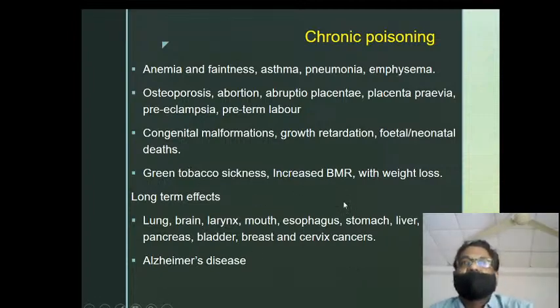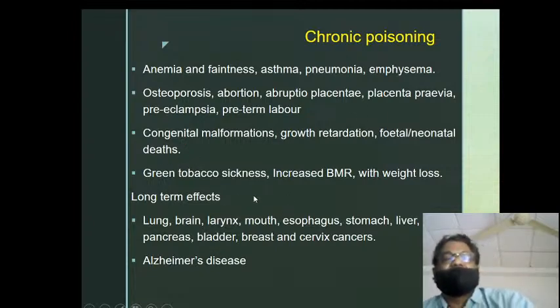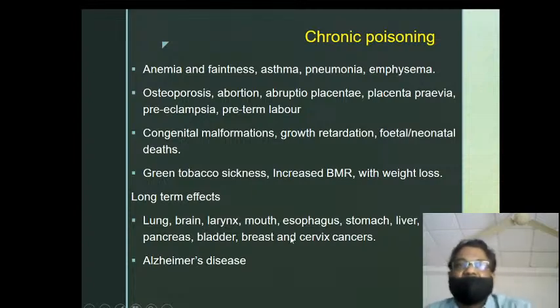Another effect of chronic poisoning is called green tobacco sickness, that is increased BMR and weight loss. As a long-term effect, those who use cigars for a long duration develop cancers especially: lung, brain, larynx, mouth, esophagus, stomach, liver, pancreas, bladder, breast and cervical cancer.